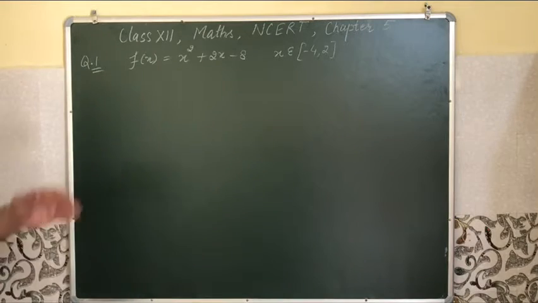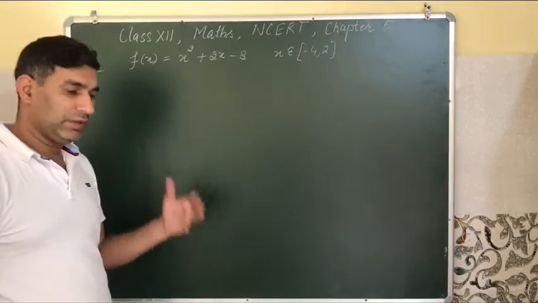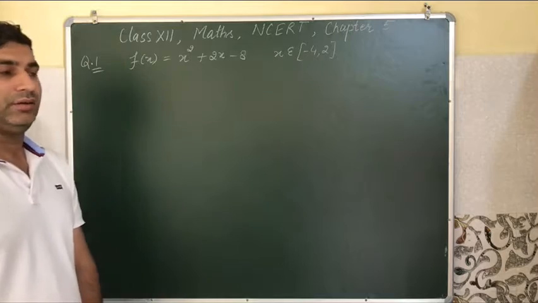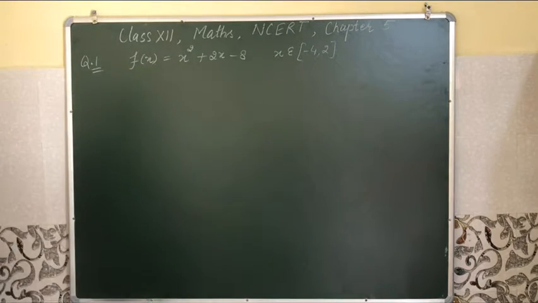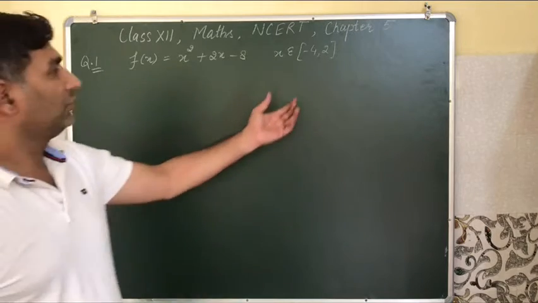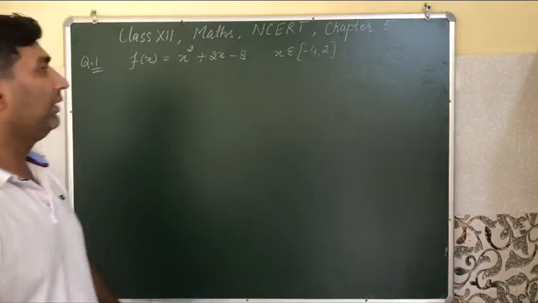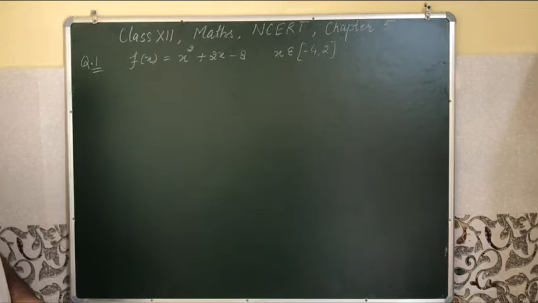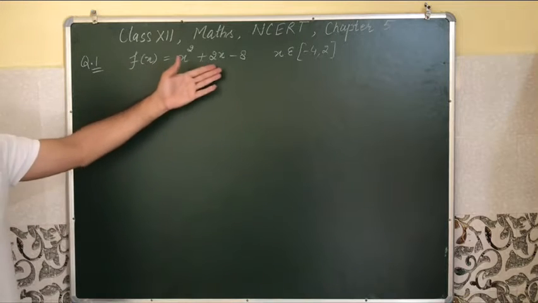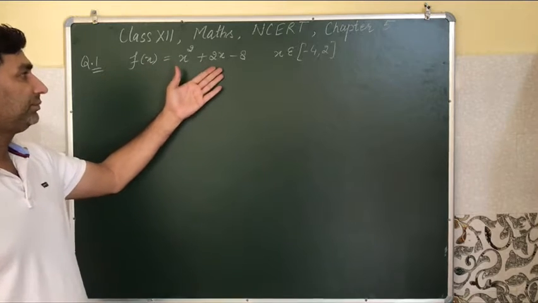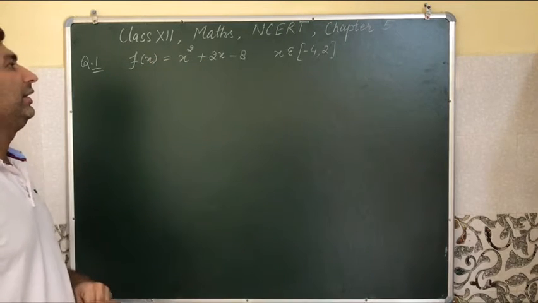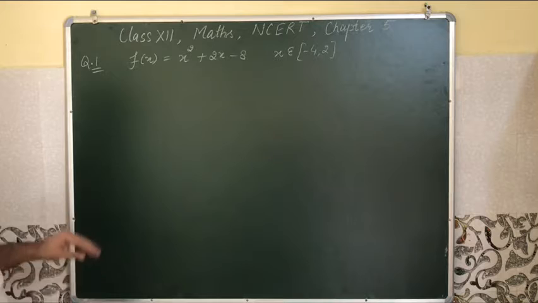We have already discussed every polynomial function is differentiable and continuous on any closed interval of real numbers. This is a polynomial function, and this function is differentiable and continuous everywhere.